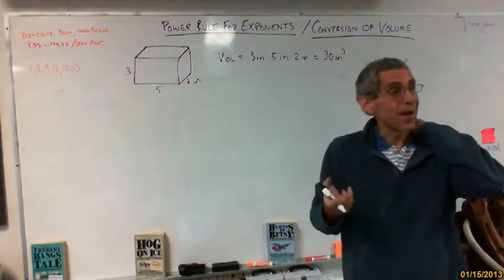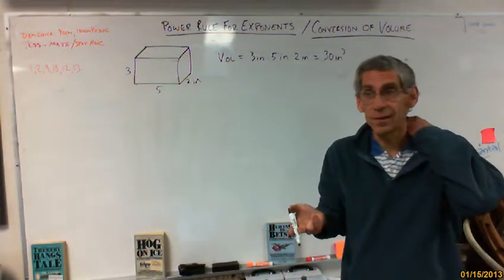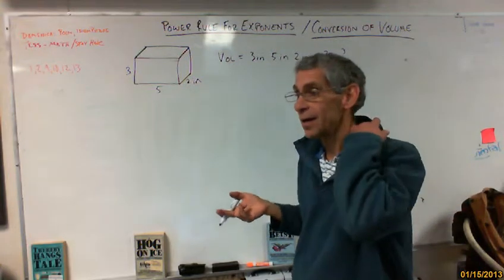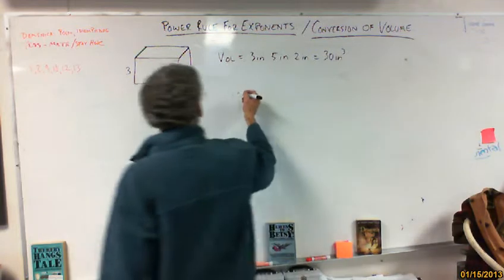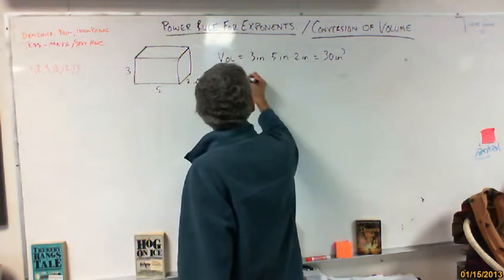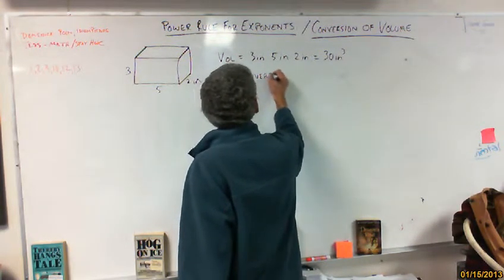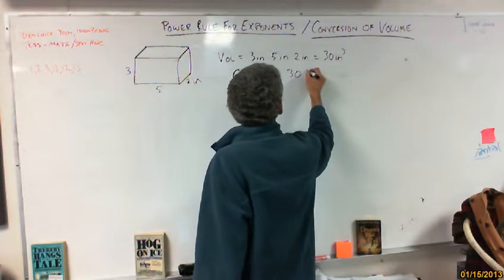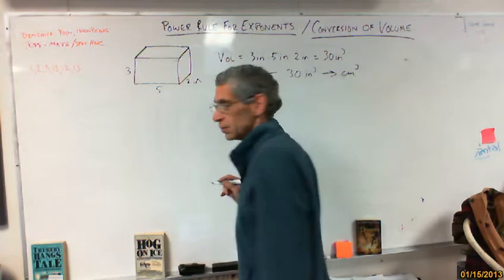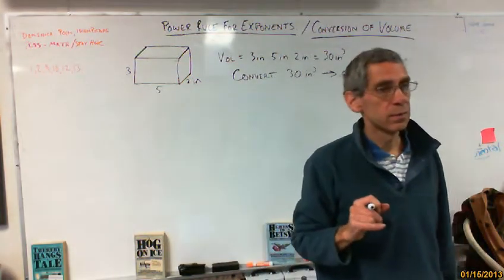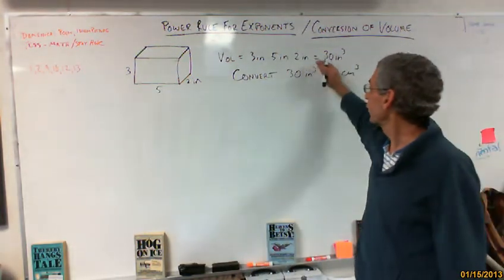Now, I do not want this in inches. I want it in, not inches cubed, I want it in centimeters cubed. So, I want you to convert 30 inches cubed to centimeters cubed. Now, conversion factor.